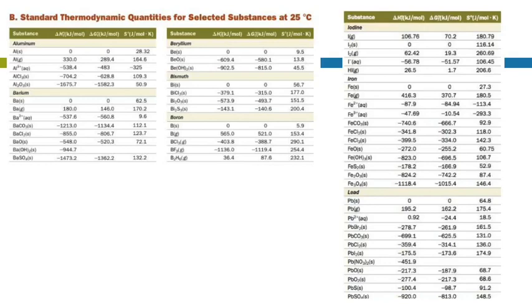Al2O3 solid, minus 1675.7. And I need iron. Fe2O3 is minus 824.2.